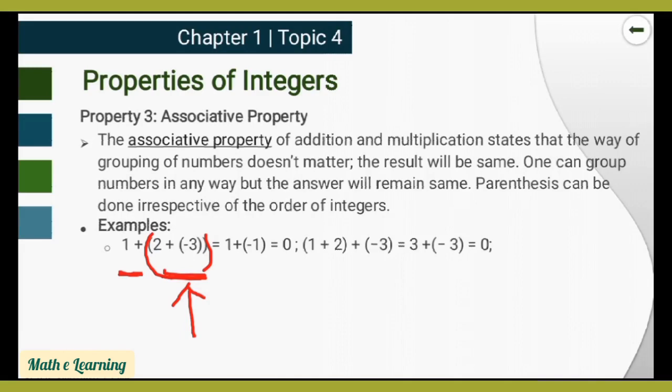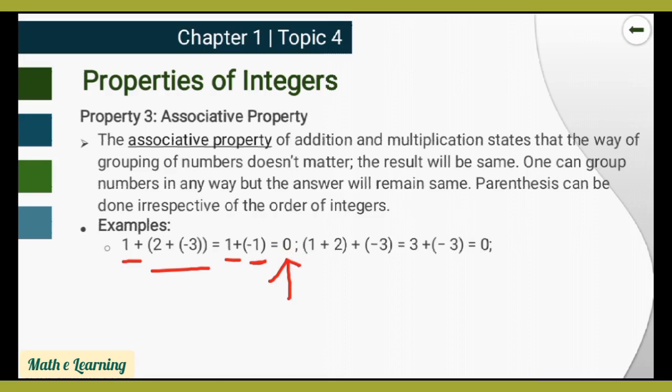And we know that as per BODMAS, we need to solve brackets first. So we write 1 plus 1 as it is, and 2 plus minus 3 is equal to minus 1. Now 1 plus minus 1 is equal to 0.